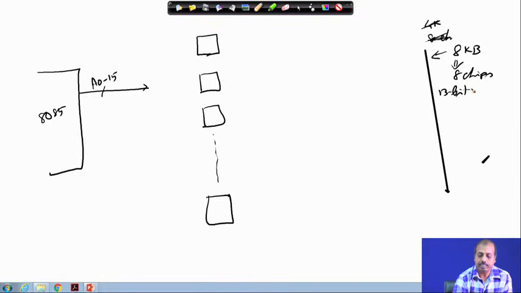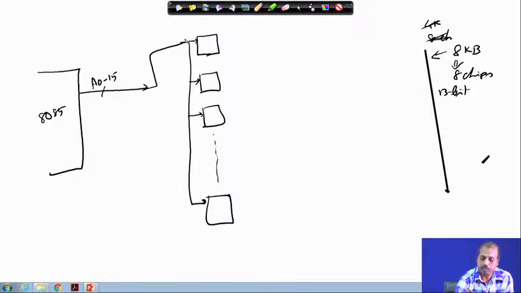I take A0 to A12 to each of these chips. Those lines are going there, and bits 13, 14 and 15 are fed to a 3 to 8 decoder, and its output lines will be selecting the chips.